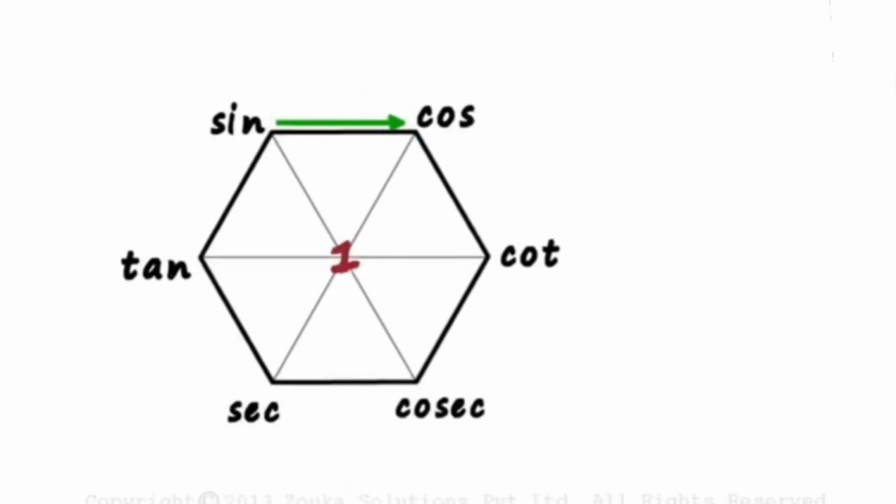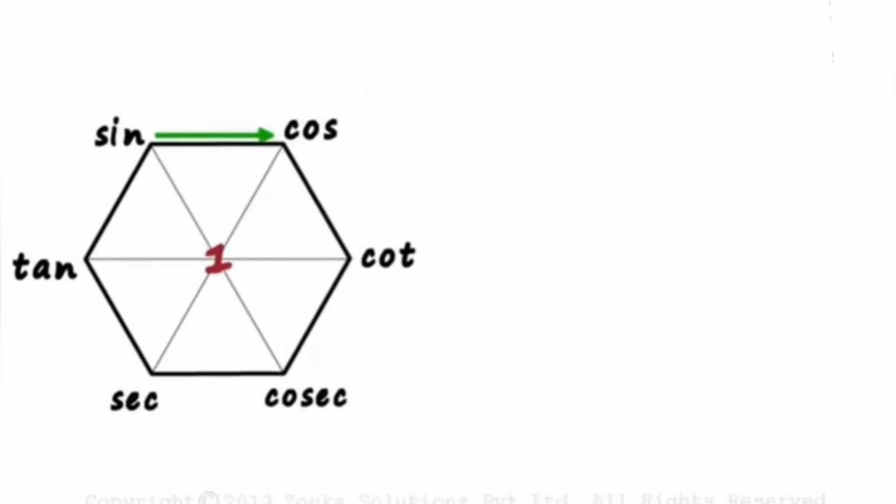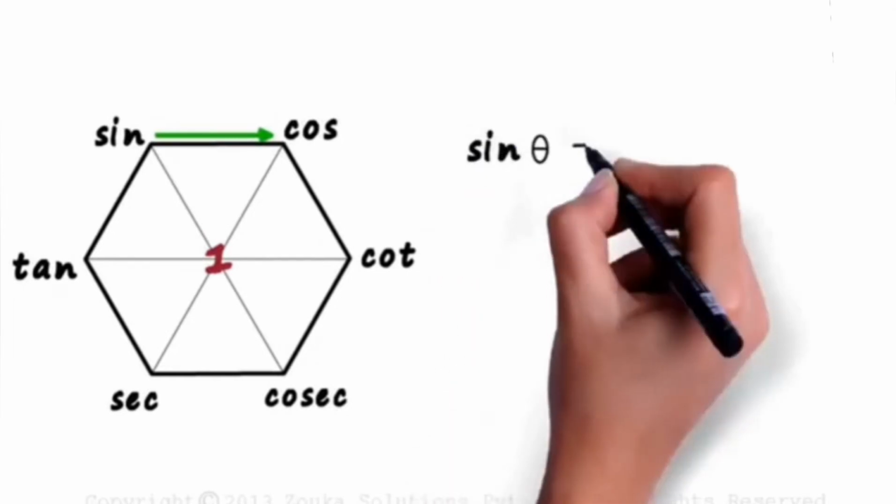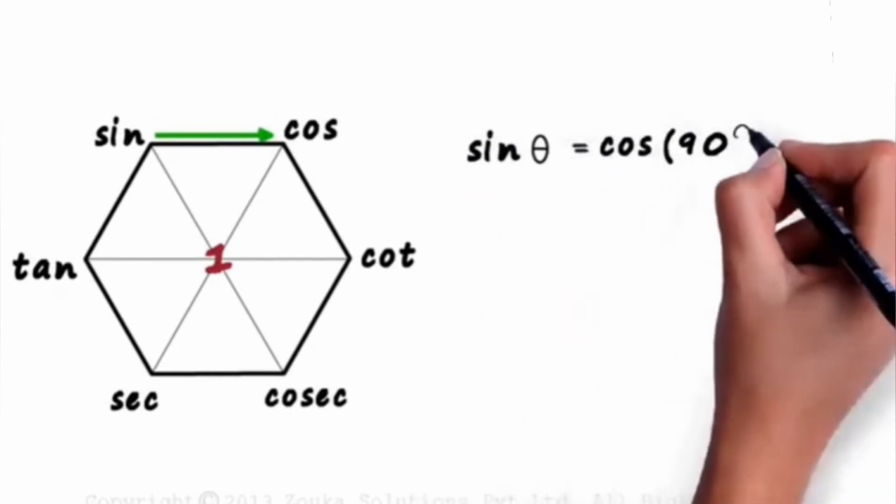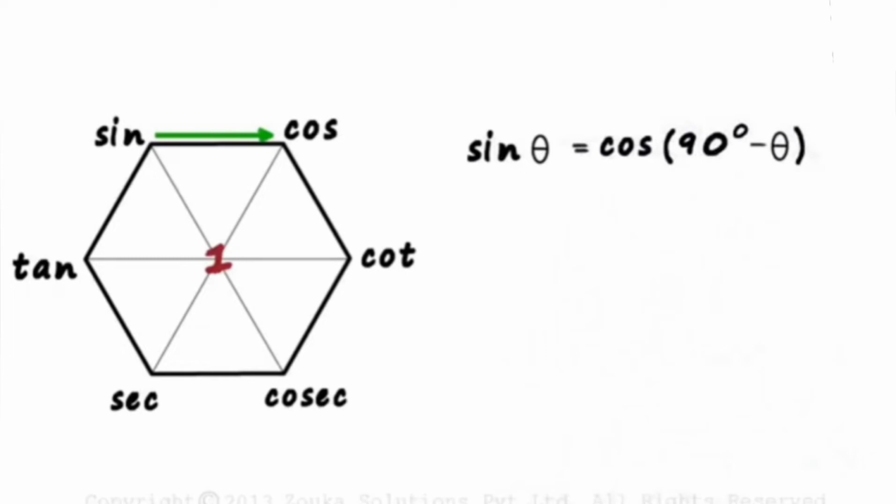So for seeing the complementary angles, you go sideways, from left side to right side. First we see sine and cos. Sine theta is equal to cos of 90 degrees minus theta. So these are 2 complementary angles.